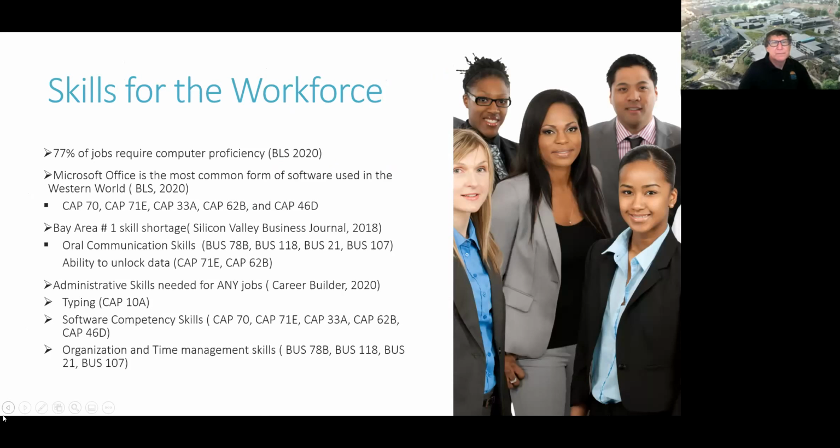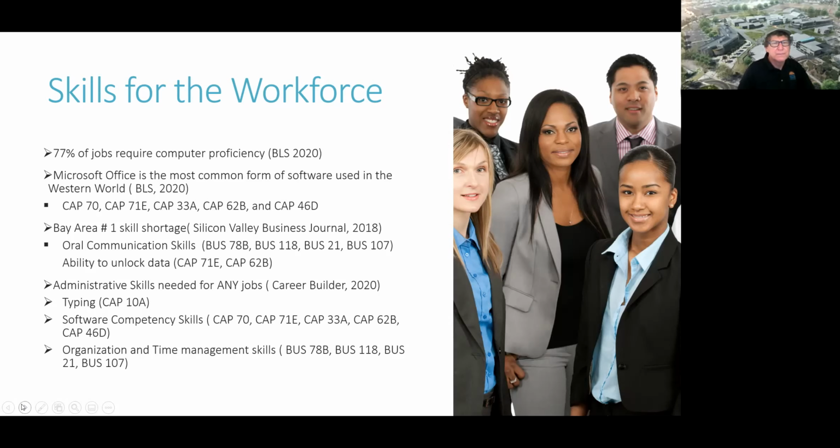They want applicants and candidates who can come in and really use the tools and databases that they're using. Microsoft Office is the most common form of software used in the Western world. Mission College offers a platform for you to really learn that skill of using Microsoft Office. The number one skill shortage: oral communication skills, the ability to unlock data.